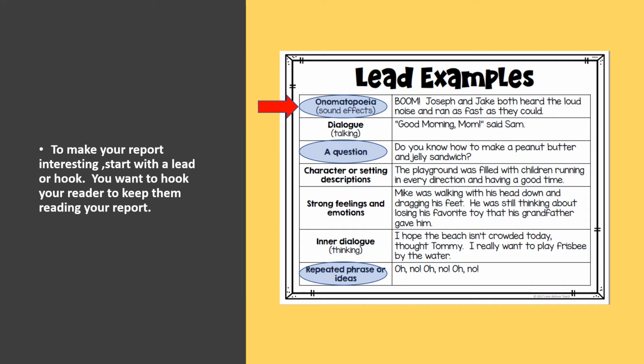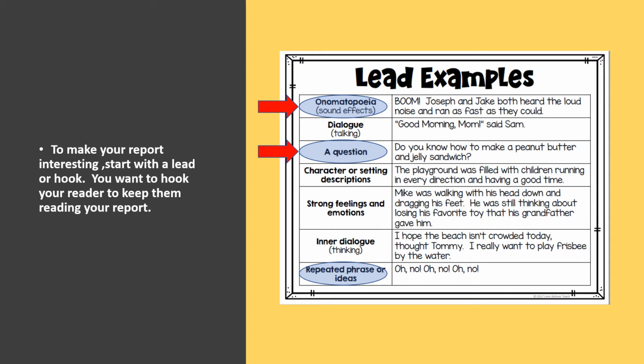The next thing that you can use in your animal report is a question. A question helps the readers think about what you're going to tell them about your report. Let's look at the example here. Do you know how to make a peanut butter and jelly sandwich? When you're asking your readers a question, it makes them think more about that subject.